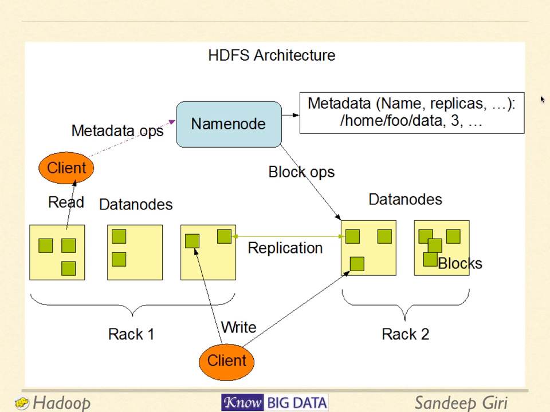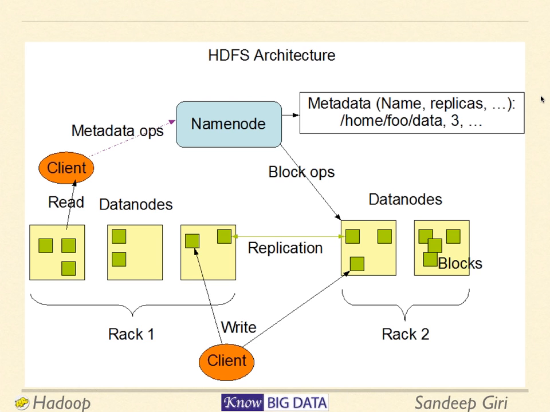Name node is the master node, and the other, smaller computers are nominated as data nodes. What is the difference between the two? The name node, which is the master node, is the bookkeeper. I will be using nodes, computers, and machines interchangeably.